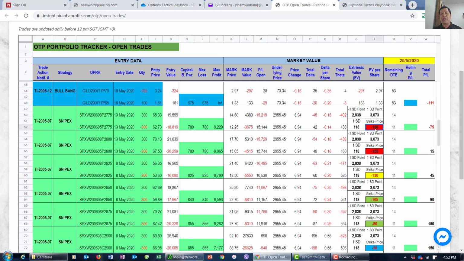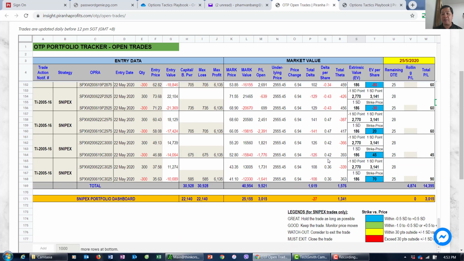So right now the tracker tells me that from my strike 2775 to the current market price 2955, that is 180 points, which is way beyond the 118. And it automatically highlighted in red. Red means go down. Red means I need to exit, must exit the trade.